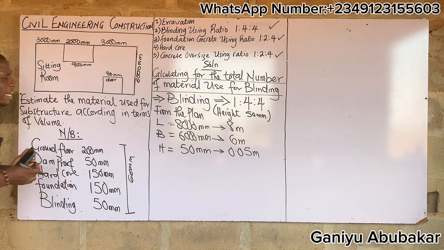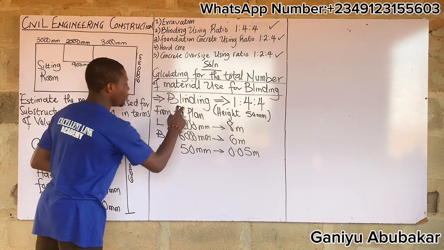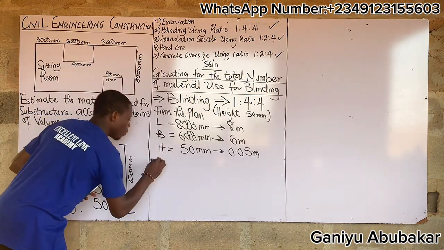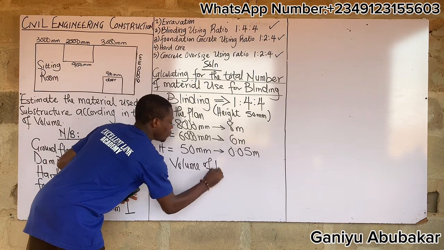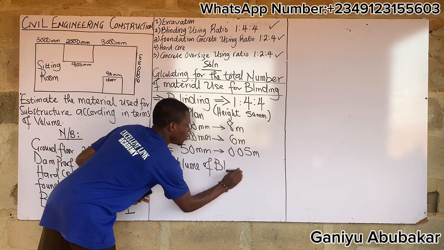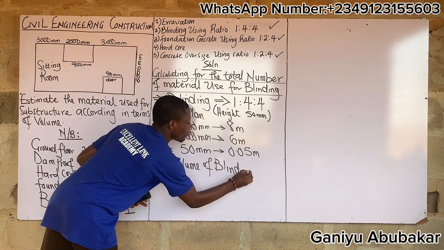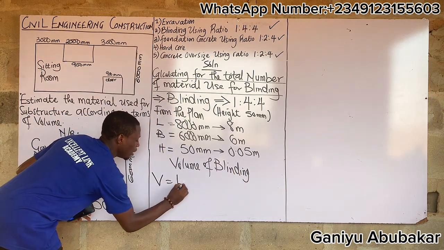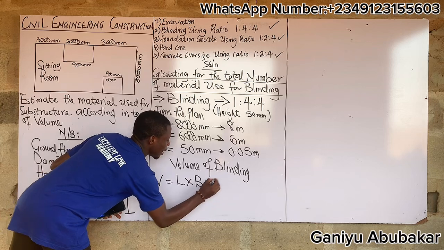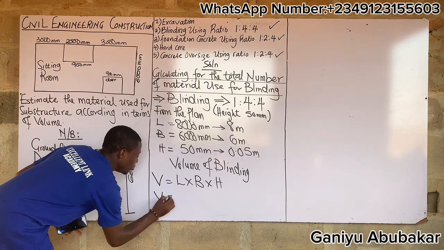But basically, let's get the volume of the blinding. So volume of blinding, what do I get there? Volume is equal to length times breadth times height. What's your length?